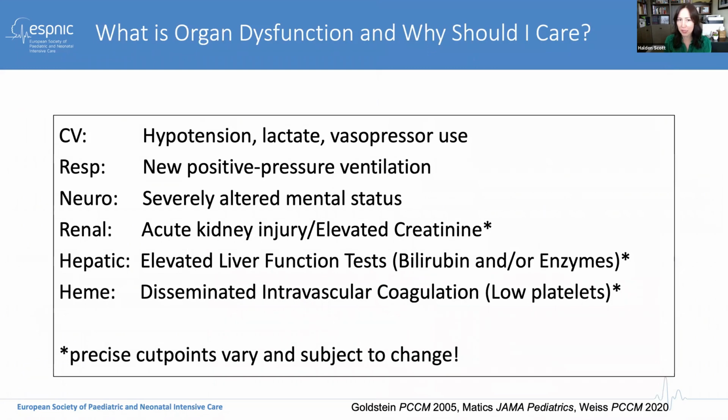You may ask, what is organ dysfunction and why should I care? And these describe system by system what the organ dysfunctions look like. You'll notice I've included asterisks because the precise cut points for determining that a certain system has achieved organ dysfunction is what is up for debate.